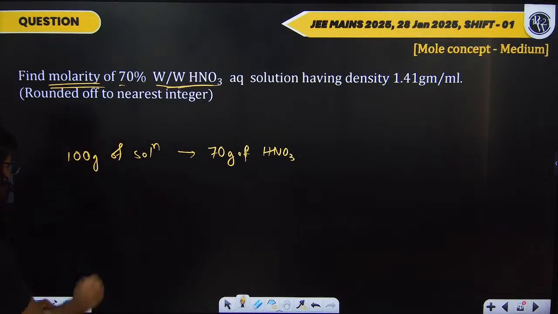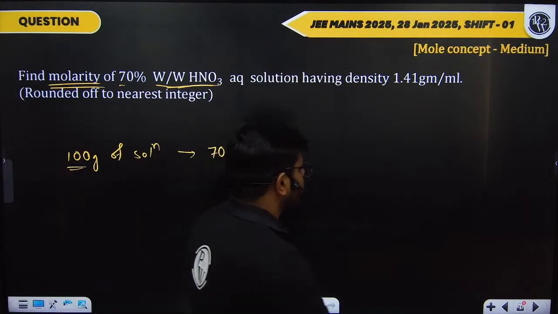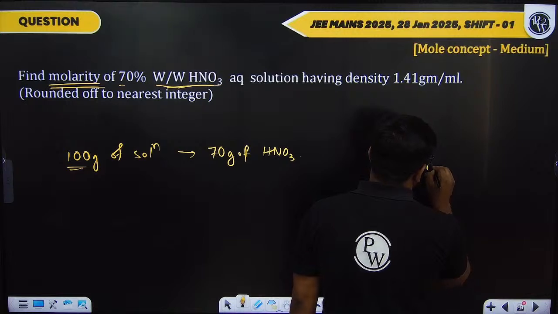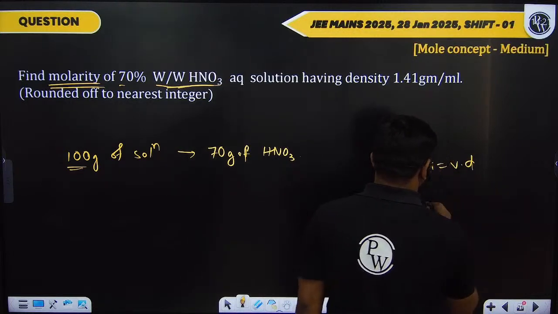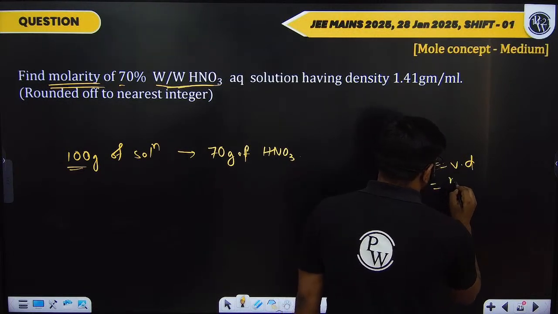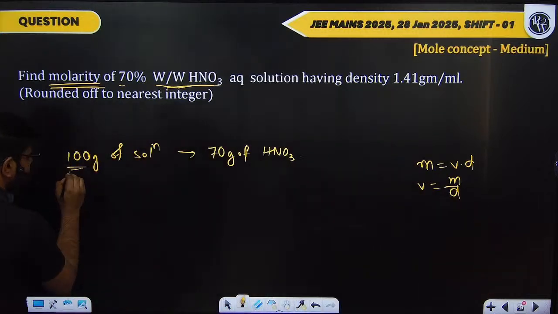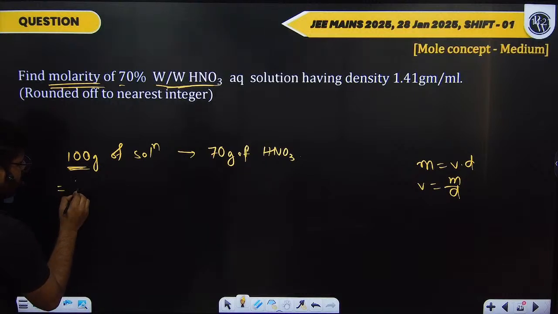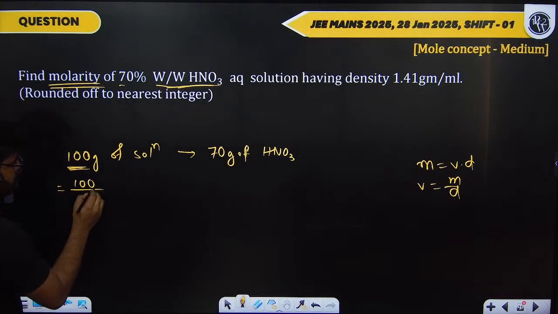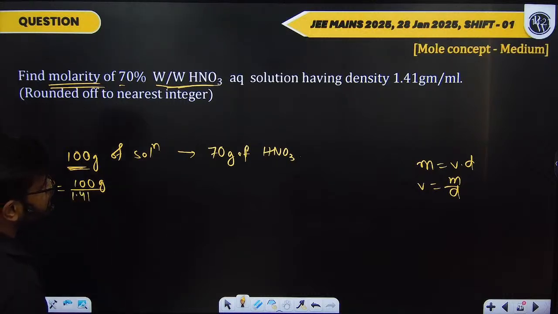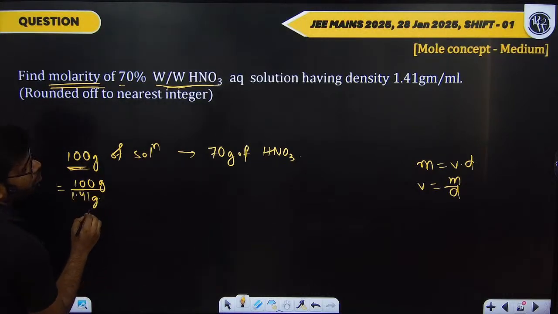Correct. Now here I have mass. In case of molarity, I need to find the volume. What is the relation between mass and density? Volume will be mass by density. Correct. 100 gram is nothing but 100 gram divided by the density, 1.4 gram per ml.